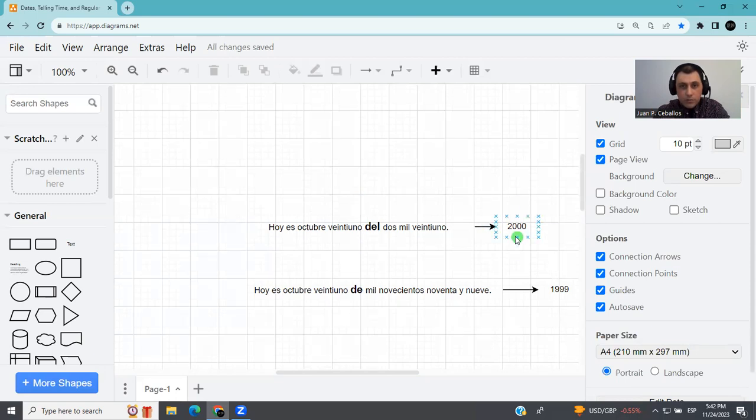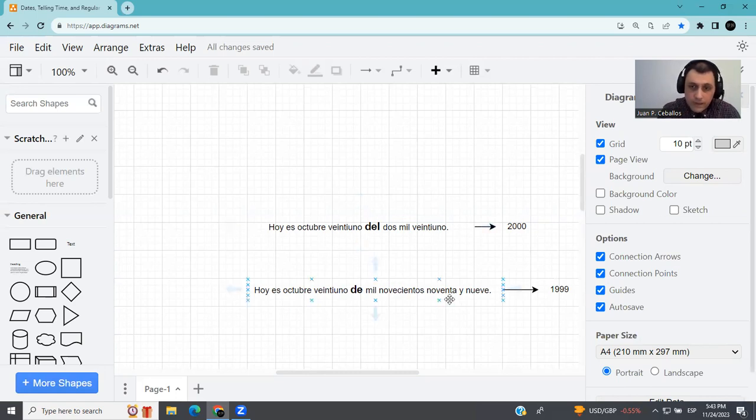So when you're going to talk about the year 2000 or after, you use del 2021. Okay. So this translates, today is October 21st of 2021. When you say of, in Spanish, we are saying of the 2021. This is a rule that you will have to pay attention to when you are using 2000 and above.